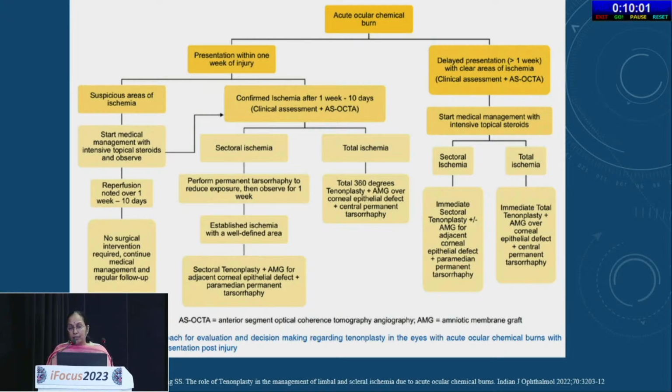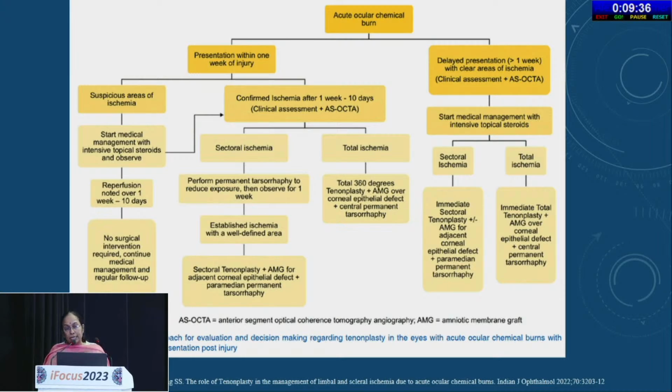Here is the most important part, which at your level as a JR or SR you can do. Every 3rd day you see the patient, or every 2nd day if your OPD is there, and document the epithelial defect. If you see grade 1, grade 2, just battery acid or something, and it has started to heal, then okay, follow up, same treatment. Then again come back after 3 days, healed, very good.